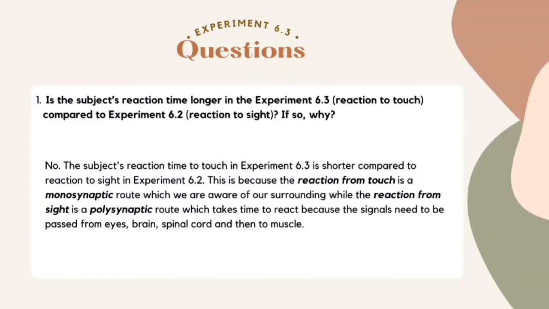This is because the reaction from touch is a monosynaptic route, while the reaction from sight is a polysynaptic route, which takes time to react because the signal needs to be passed from the eyes, brain, spinal cord, and then to the muscle.